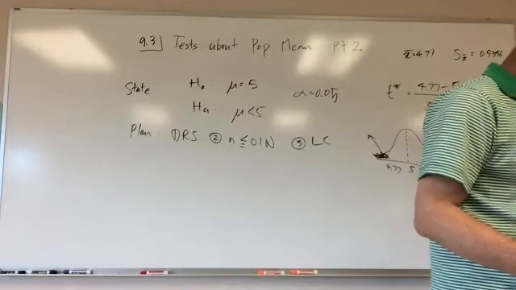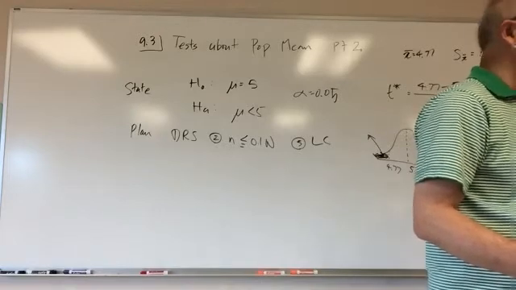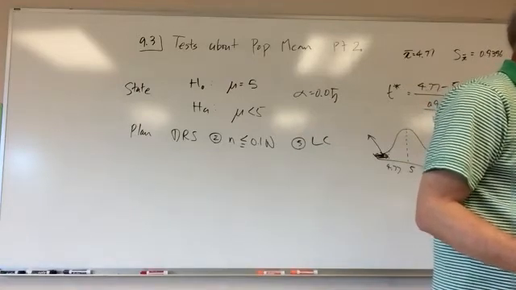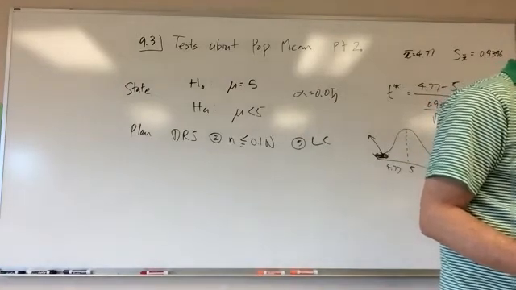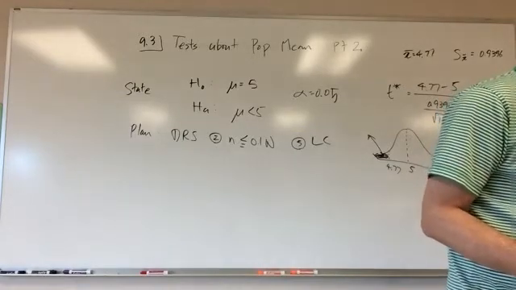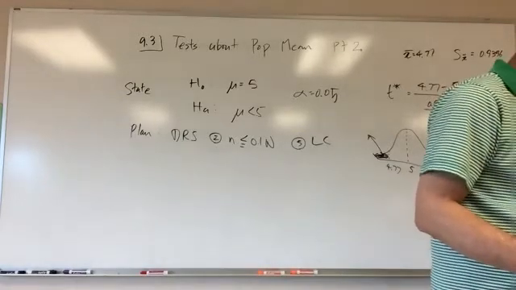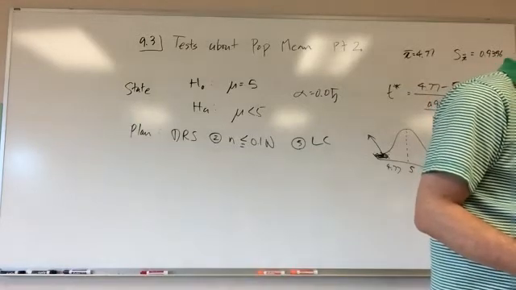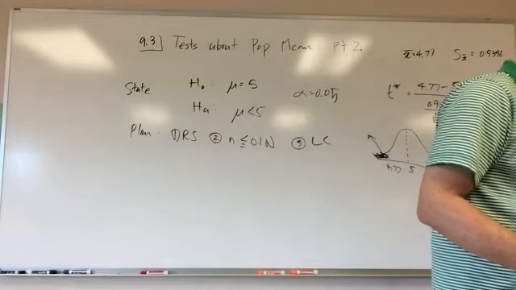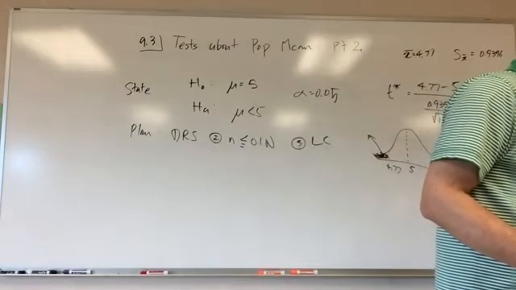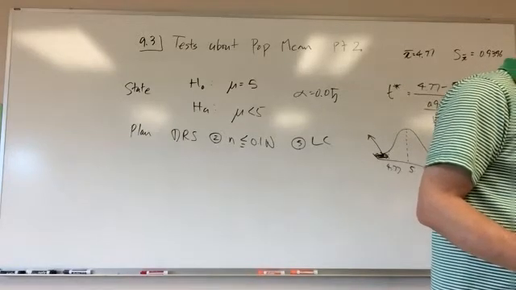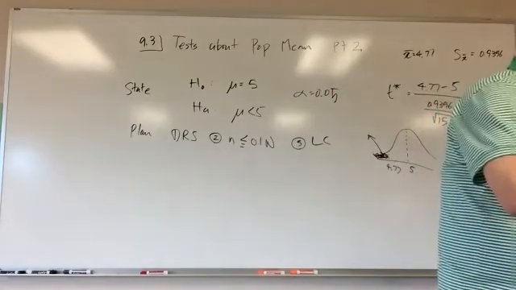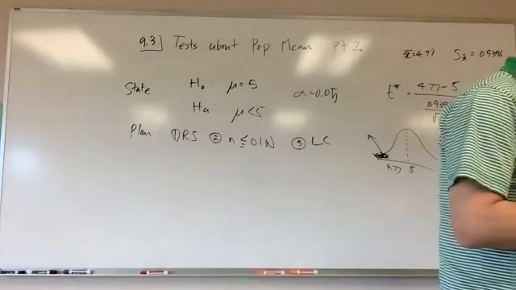So if Ha is true, because it looks like Ha is true, it looks like it's less than 5, and I fail to reject, that is a type 2 error, right? All right, so that's the first one.